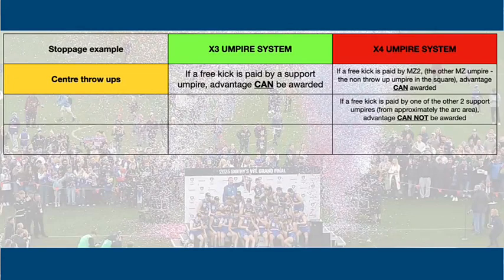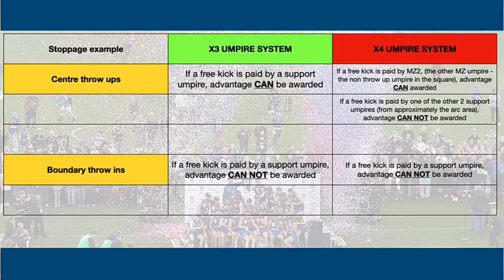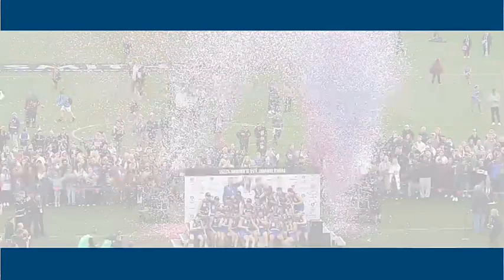So if it's paid by one of the end zone umpires in a 4 umpire system from a centre throw-up, then we cannot allow the advantage. Boundary throw-ins, pretty simple. In both 3 and 4 umpire systems, support free kicks cannot end up in advantage. And then from a field throw-up around the ground, the same as the boundary throw-ins, we cannot allow advantage from support free kicks in both the 3 and 4 umpire.